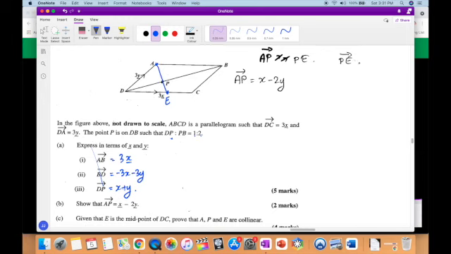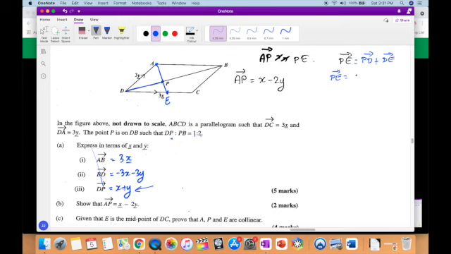So PE is driving from P to D plus D to E. Well, I know D to P is x plus y.